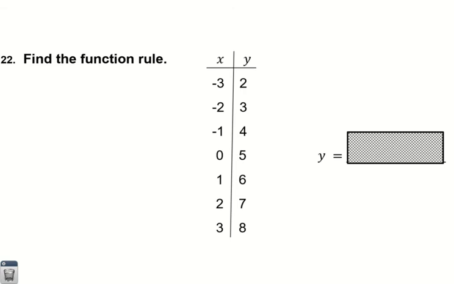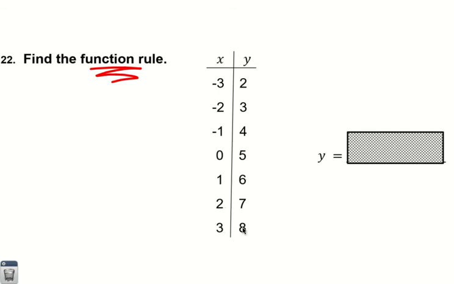Function rule means equation. So what is y going to equal? Like how could a -3 become a 2, and -2 become a 3, and -1 become a 4? Better yet, maybe you look down here. How do we make a 0 into a 5, 1 into a 6, 2 into a 7, 3 into an 8?